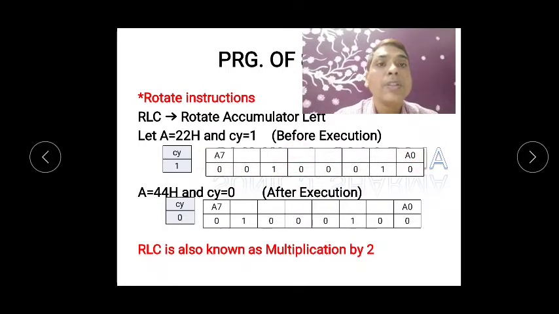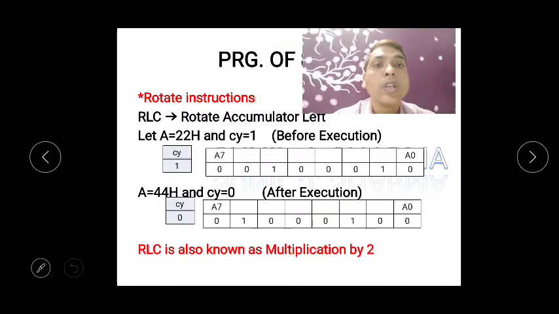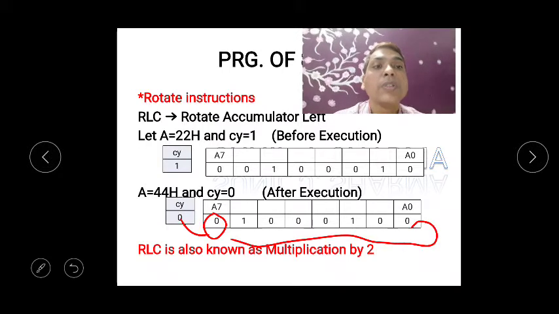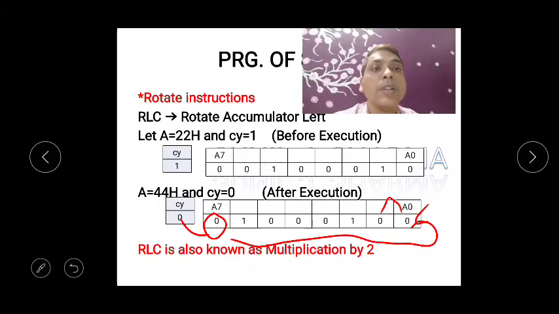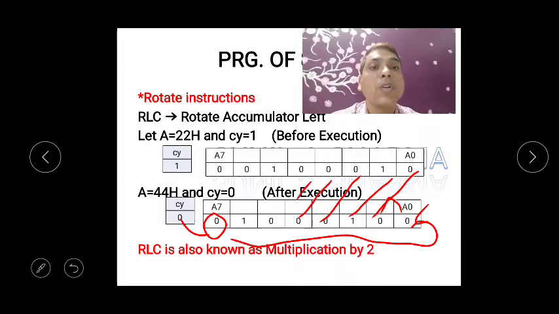Now what happens in this case is, A7 is given to carry as well as to A0. Then A0 is shifted here, A1 is shifted here, all of them are going towards the left side.